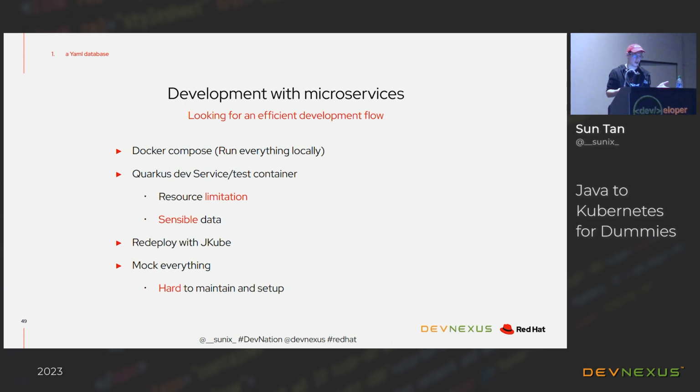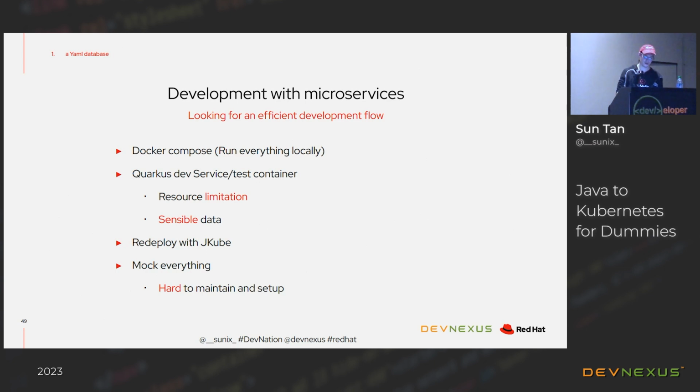Everything is running locally, and it may be not that good because your laptop may be limited, and you may have sensitive data that you don't want to bring into your laptop. You could do what I'm doing with deploying with JKube, or you could, for instance, mock everything. But all these solutions are not ideal.